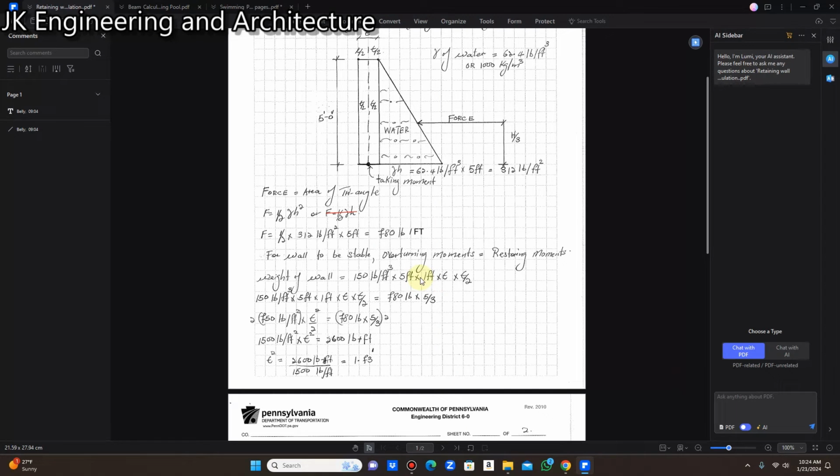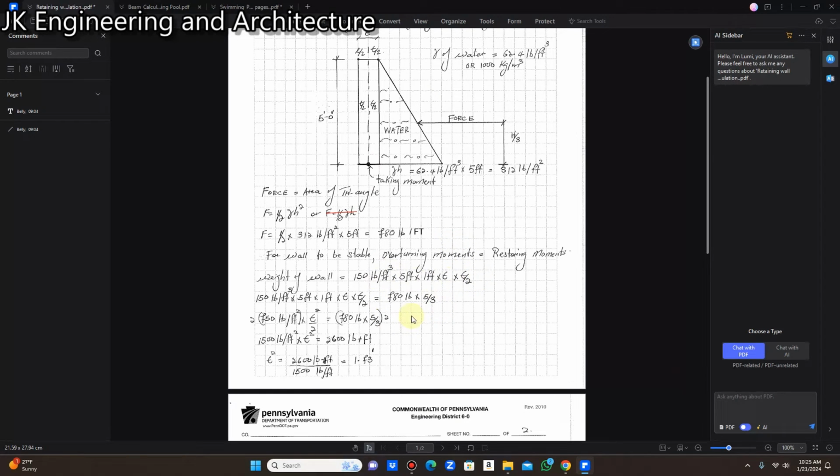When we are designing a structural member, we do not design for the entire length, we only design for 1 unit length. Whether it be feet or meter, we design for 1 foot or 1 meter. So we're going to multiply that now by the thickness of the wall, which we don't know, times the center of gravity of the wall, which is going to be T over 2, because we are taking moments about the center of the wall here. So that is for the restoring moment.